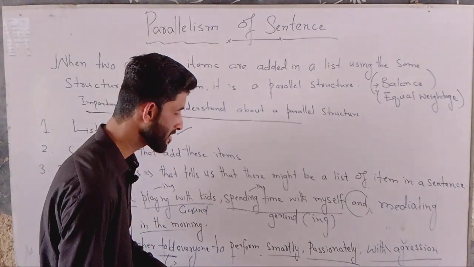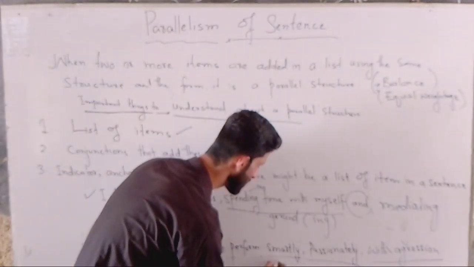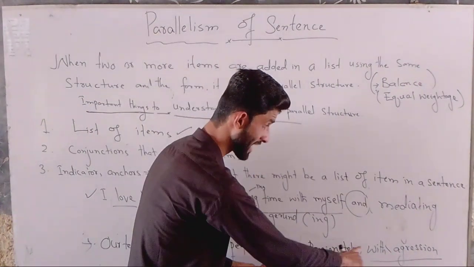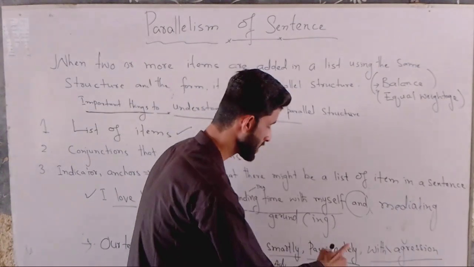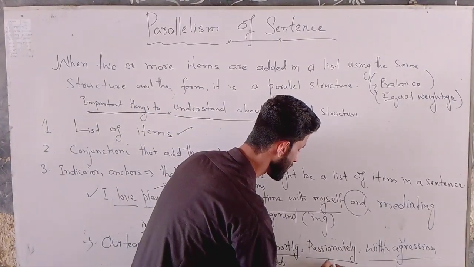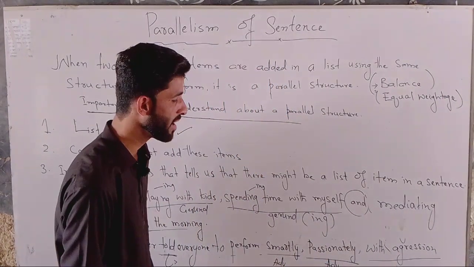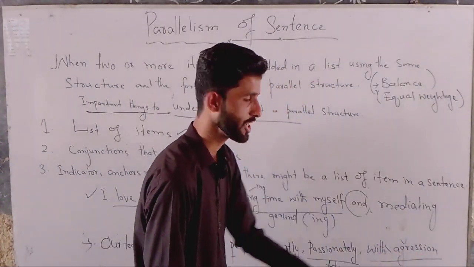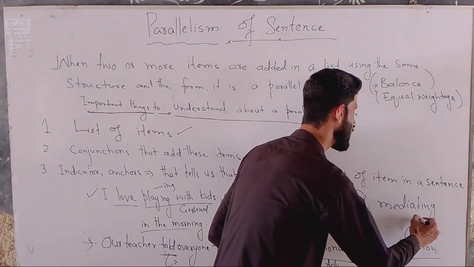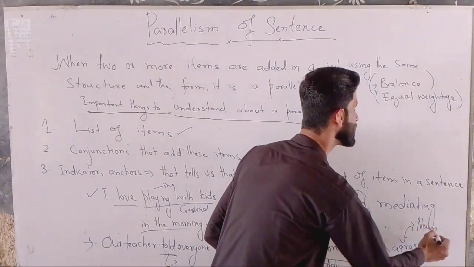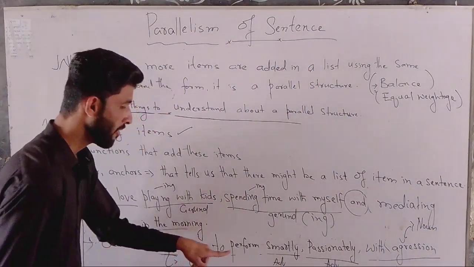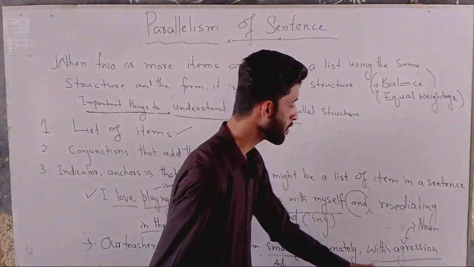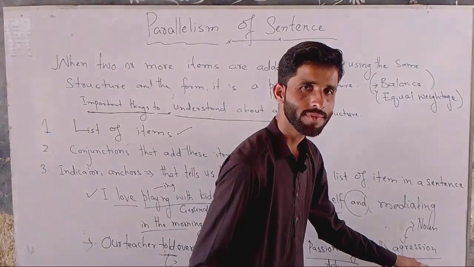The difference is that smartly is an adverb. These are items: smartly, passionately, also an adverb, and with aggression. What is aggression? Aggression is a noun. We have used smartly, an adverb, passionately, an adverb, but aggression is a noun.